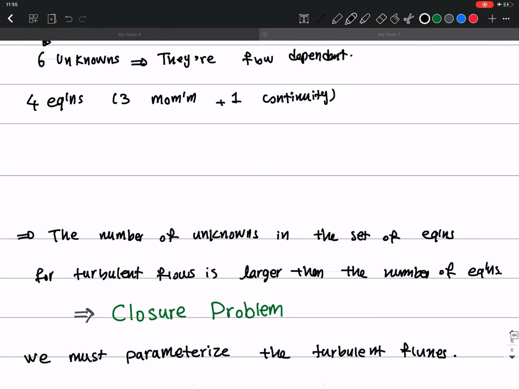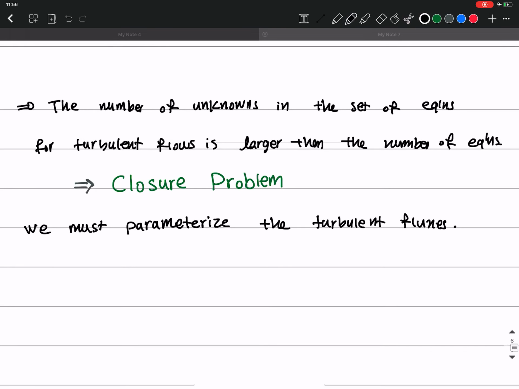So we need to add and define some approximate equations to approximate these unknowns based on the known variables like U, V, W, these kind of variables that we know, okay? And relate them to the variables in the flow field, okay?